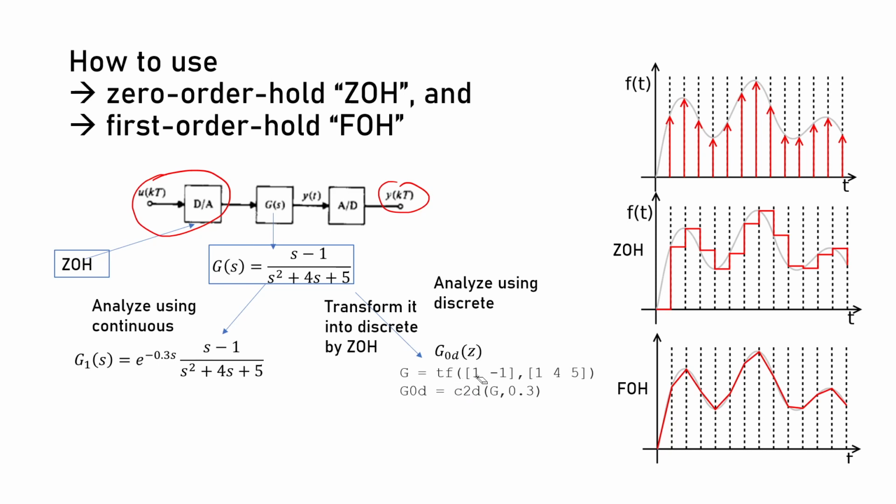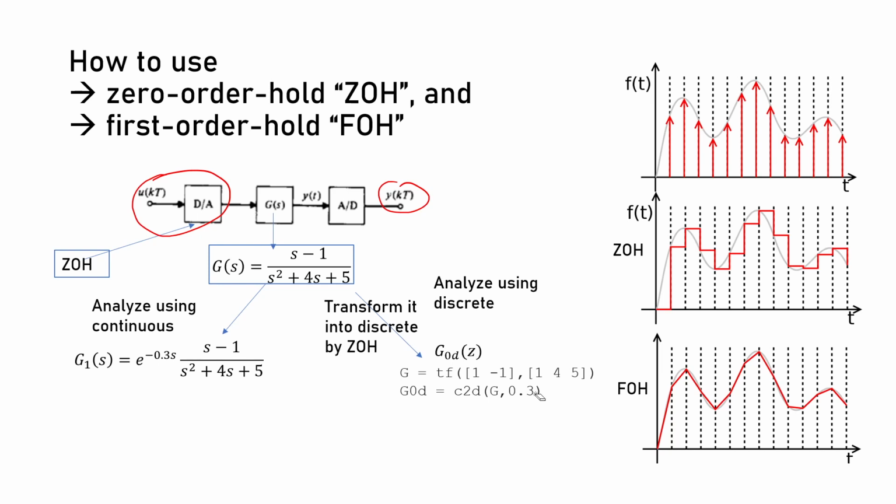So you just define the numerator and denominator for the continuous system. TF is for defining the continuous transfer function like here, and then you convert this G from continuous to discrete by the sample time 0.3, right?